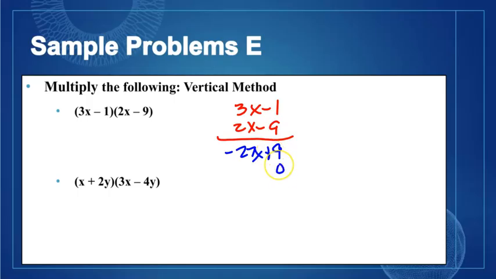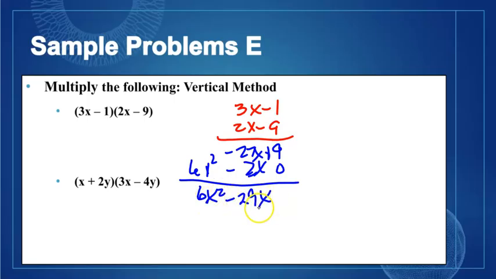Then we put our 0 down, and then we distribute the 2x. So 2x times negative 1 is negative 2x. And 2x times 3x is 6x squared. So combine that, that gives us 6x squared minus 29x plus 9.